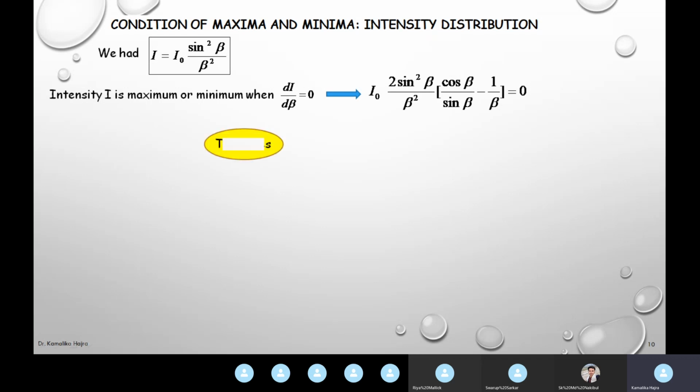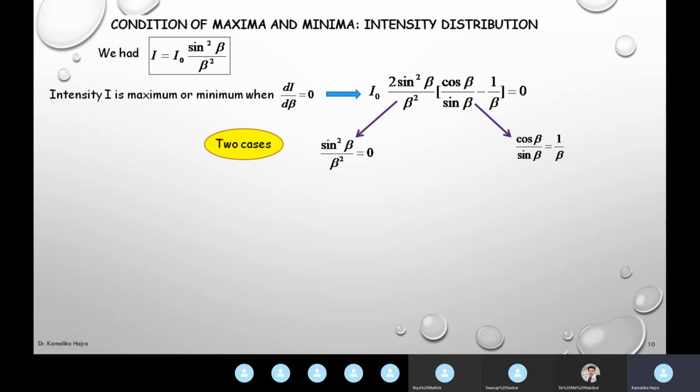All right. So there will be two cases for giving the positions of maxima or minima. First, when sine squared beta by beta squared equal to 0, and second, when cos beta by sine beta minus 1 by beta equal to 0, or in other words, cos beta by sine beta equal to 1 by beta.